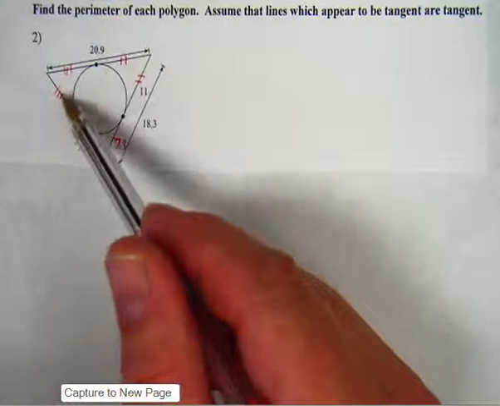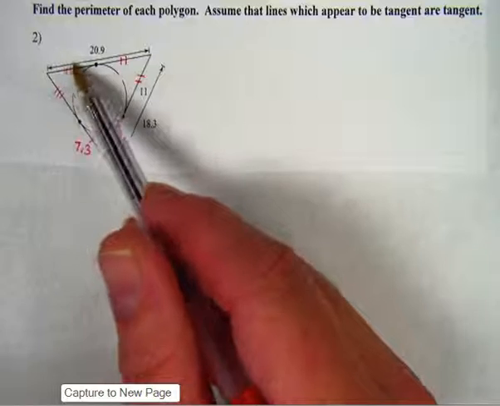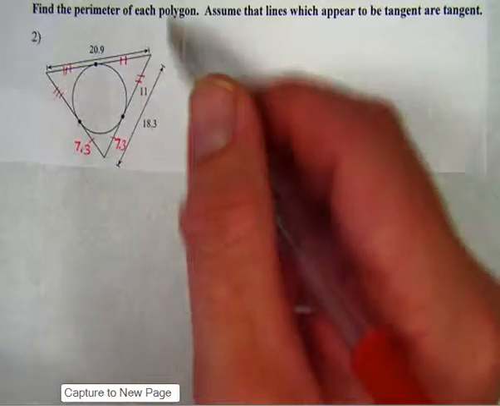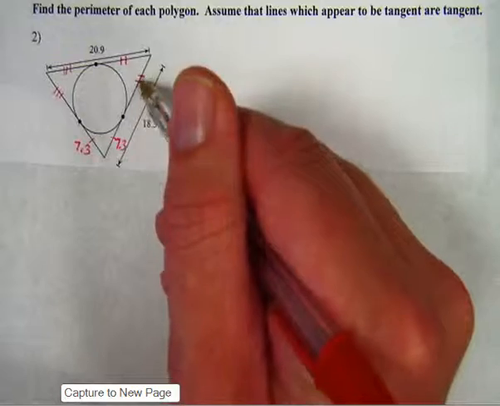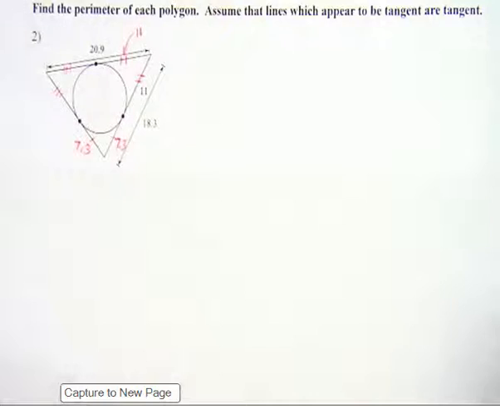Now I can take this information. Let's try and find that. Well, I don't know anything there. I know this is congruent to it, but I don't know anything about that either. I know this distance, but notice this. I know that this is 11, and this is congruent to it, so that right there must be 11 as well.